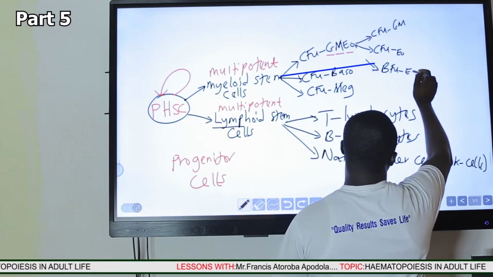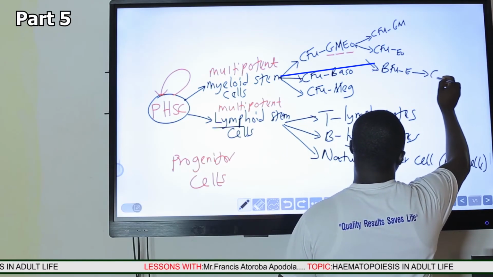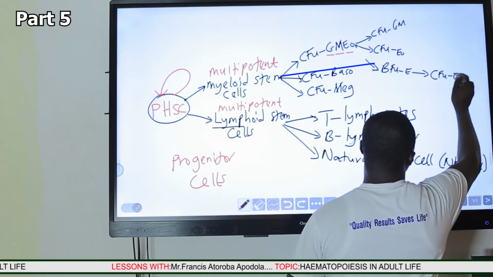The burst forming unit erythroid technically will give rise to the colony forming unit erythroid.